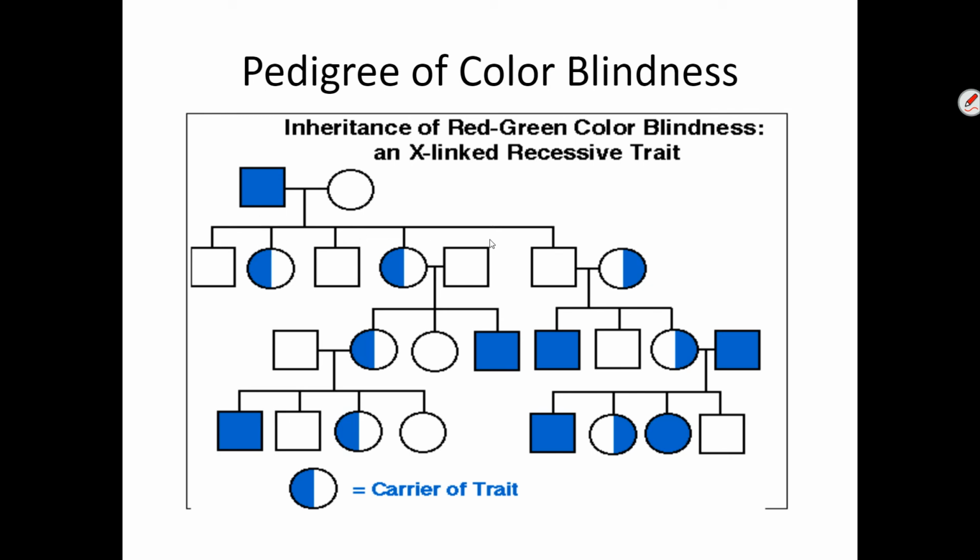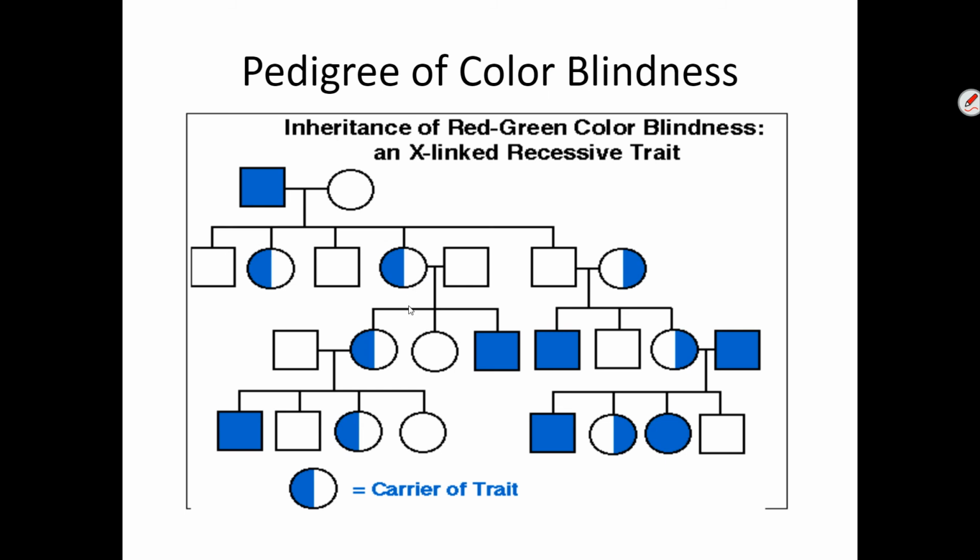She doesn't have any children that are colorblind. And so she probably can't pass that gene on. A son does not get colorblindness from their dad because they get a Y chromosome from their dad. They get their X chromosome from their mother. But see, look here. This daughter here is a carrier for colorblindness because her dad was colorblind.